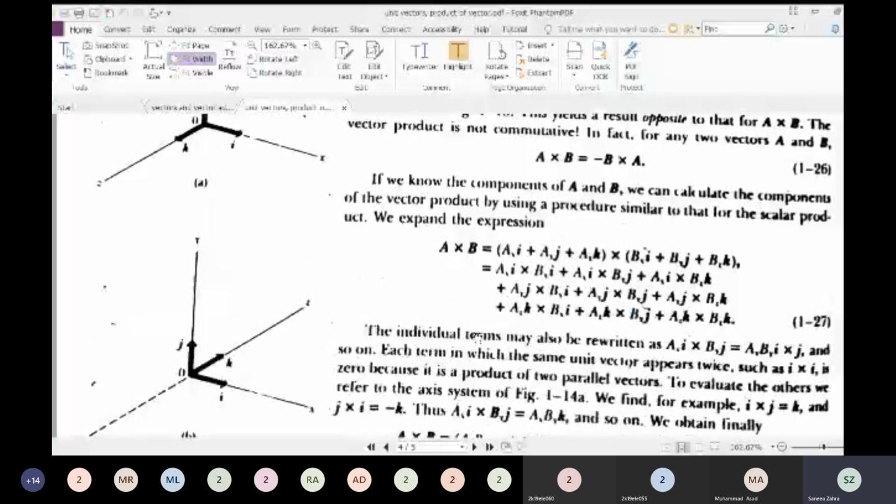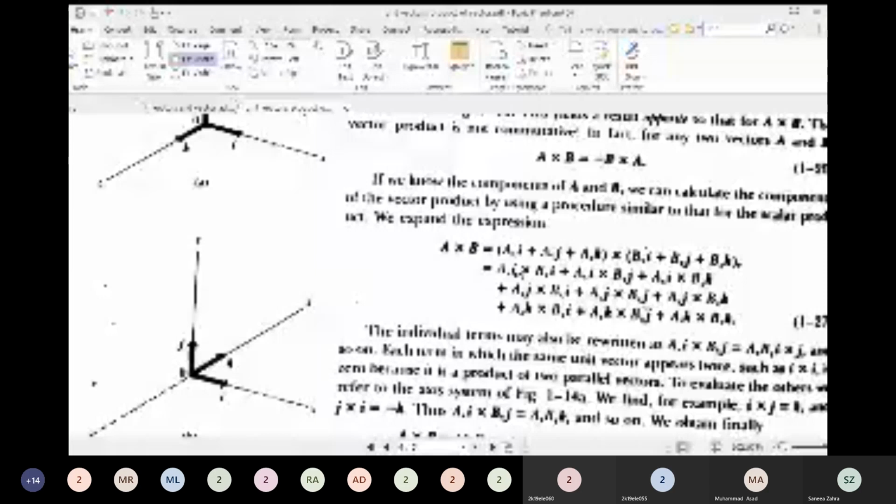Now the cross product of two vectors can be seen like this. If I take I cross I, the angle between two unit vectors will be 0 and sine 0 is 0. So I cross I will be 0. So the first value will become 0.